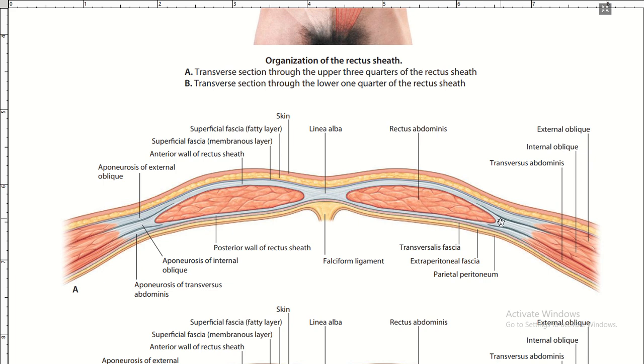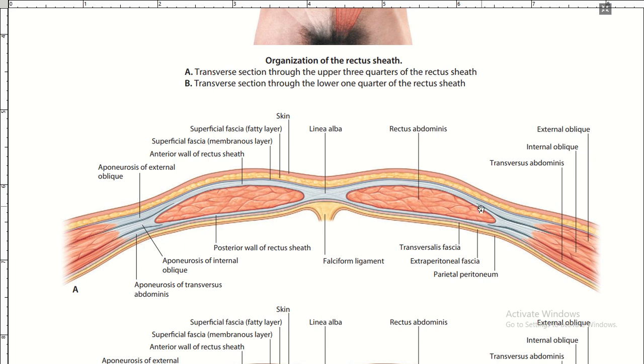So let's start with the internal oblique. When the internal oblique muscle reaches the mid-clavicular line, it becomes an aponeurosis. As it becomes an aponeurosis, it's going to divide, enclosing the rectus abdominis muscle, forming two laminae, an anterior lamina and a posterior lamina.